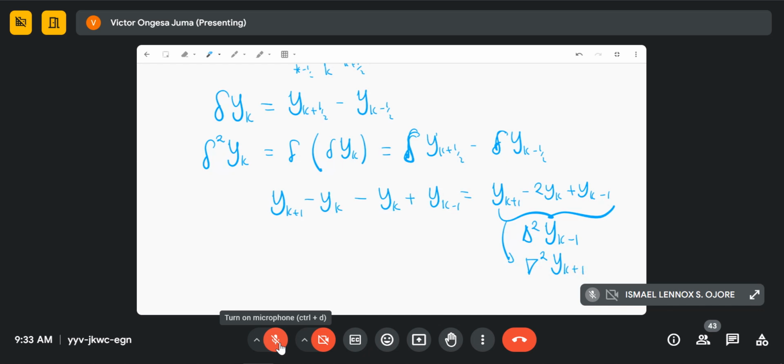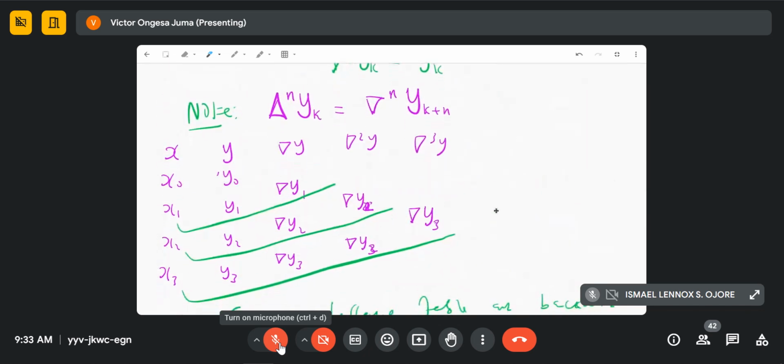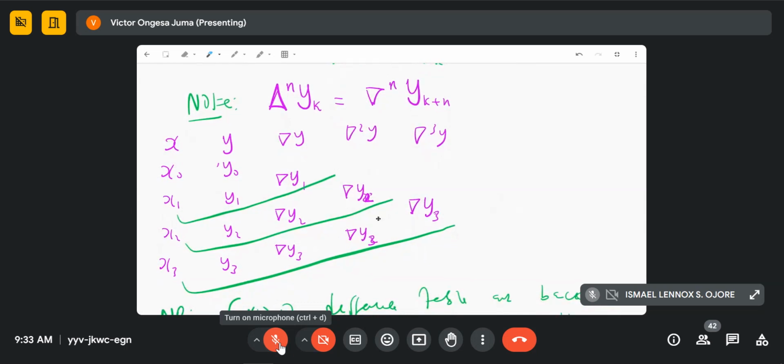So the central differences in the table, they coincide with the difference table at the even points. So if you check this table at only the even differences, then they will coincide. Otherwise, they don't coincide.